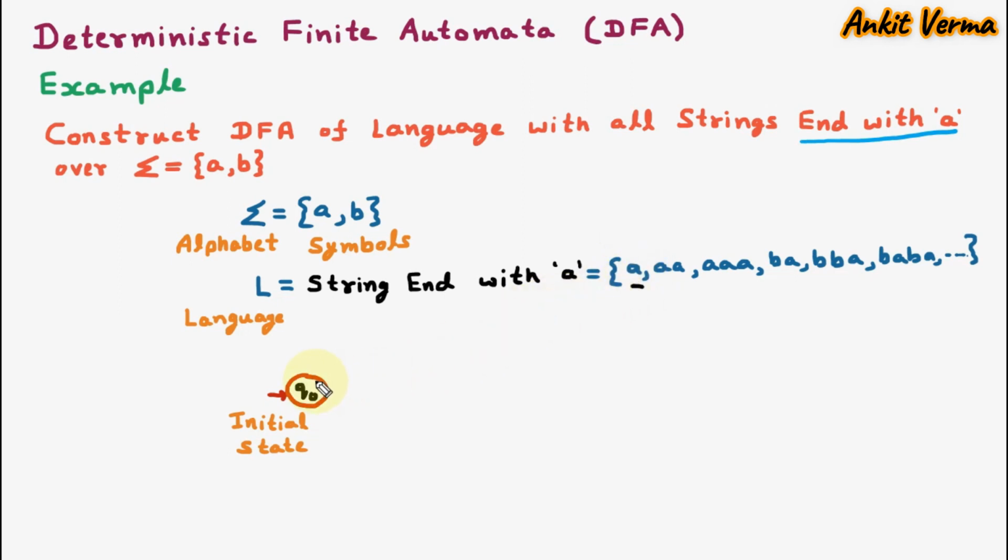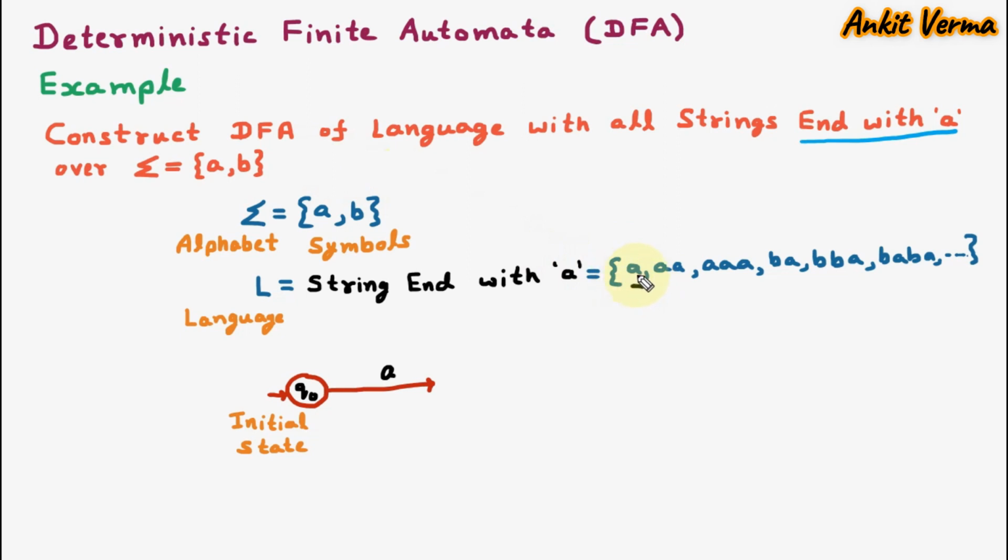Now let us suppose that we are on the initial state Q0 and A comes. We know that DFA is just like the Ludo game. That means whenever some input comes, it changes the state. So from Q0 we go to another state. Here we can see that a single A is accepted by the DFA.